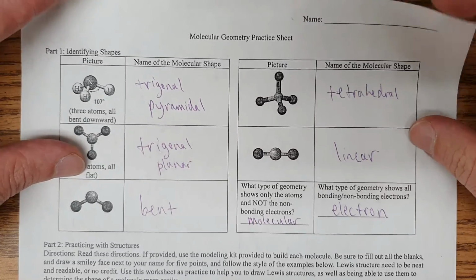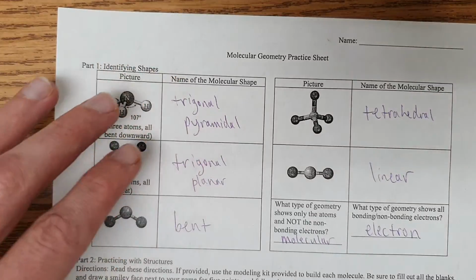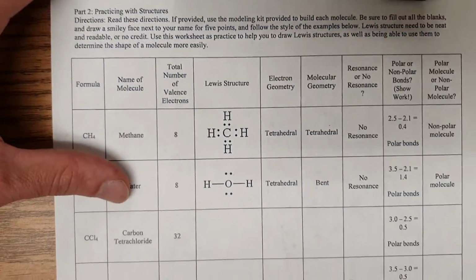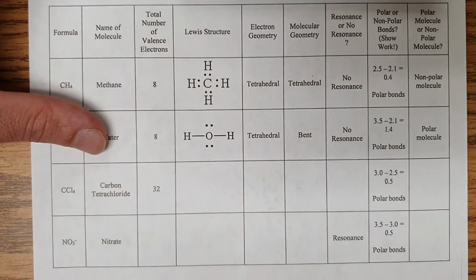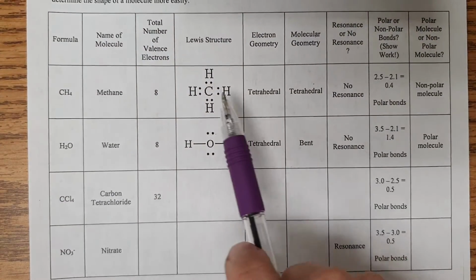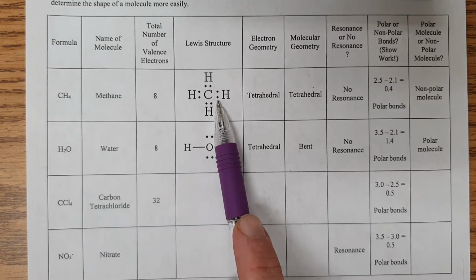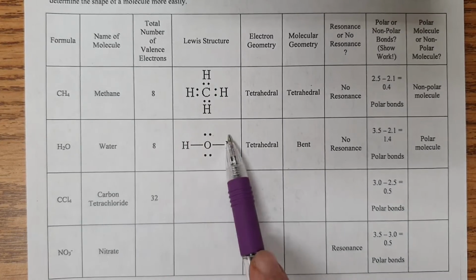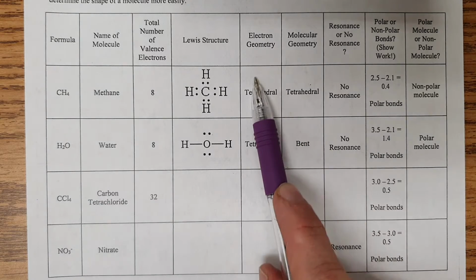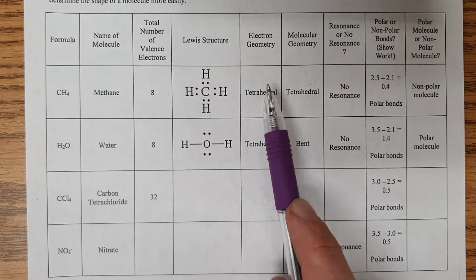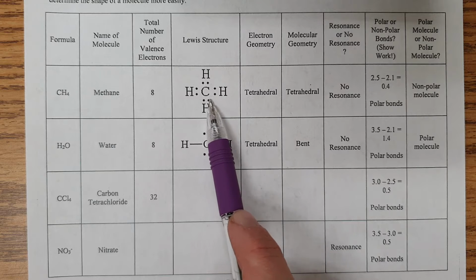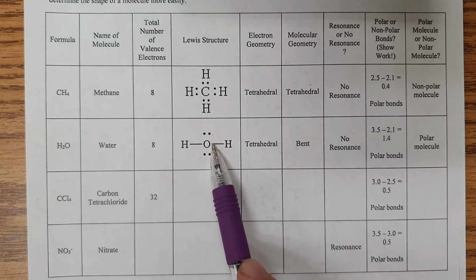So let's begin. First, just a quick justification of why these are what they are. With your 8 valence electrons, you come up with this Lewis structure for methane, same thing for water. Why is the electron geometry tetrahedral? It's because you look at the electrons. See that bond? That's 2 electrons. This bond is also 2 electrons.